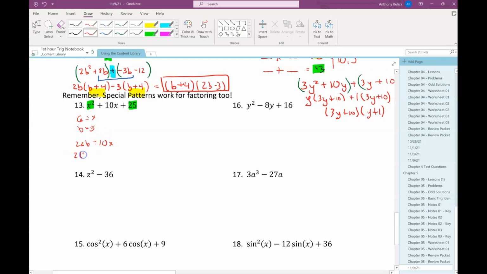So 2 times X times 5 is equal to 10X. So this is the yellow pattern, A plus B squared.